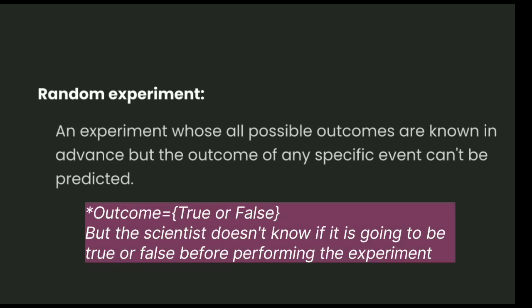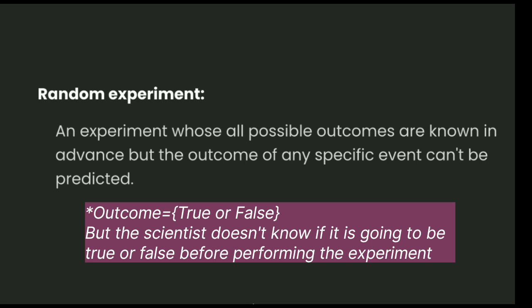But it is not possible for the scientist to say in advance that the outcome of that experiment would be true. It could be false also, because the scientist doesn't know. They are trying their best to prove it with the experiment. So this is what a random experiment can be.